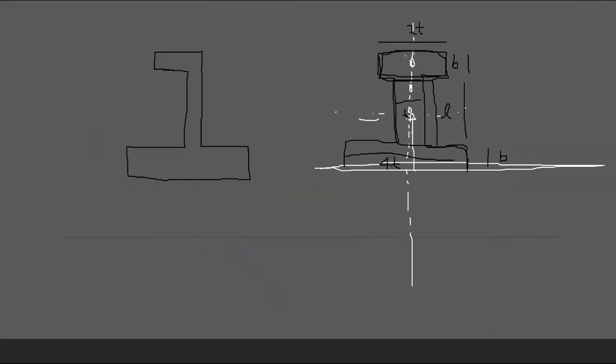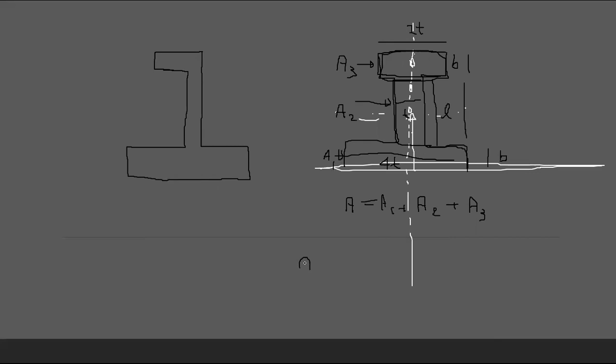So this is, let's say, A1. This is area 2. This is area 3. So the total area is A1 plus A2 plus A3, right? So you have to take moments to apply the theorem.